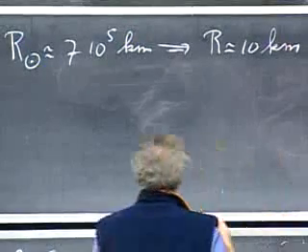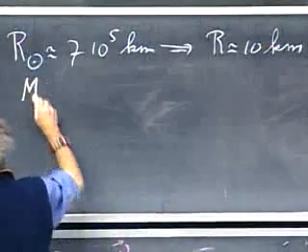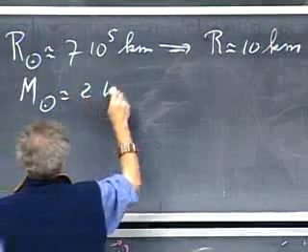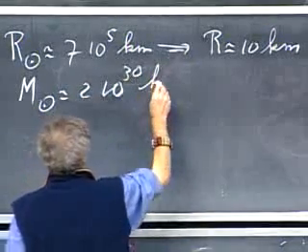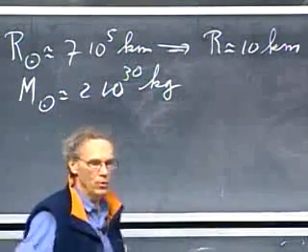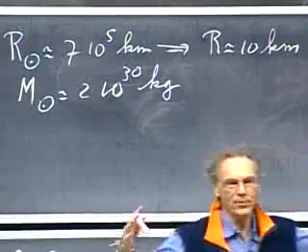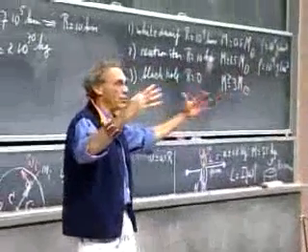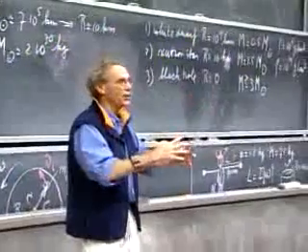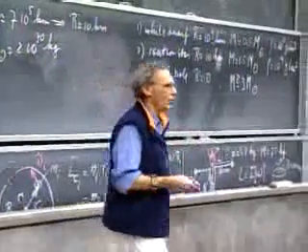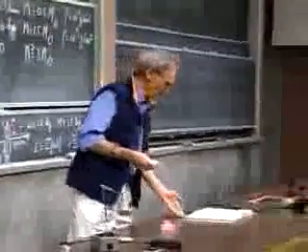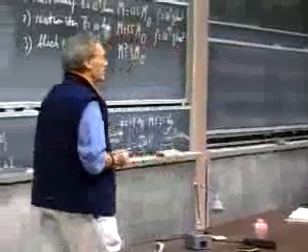The mass of the Sun is 2 times 10 to the 30 kilograms. And for those of you who are good at math, they can calculate when you collapse this object without losing any mass, you keep all the mass, but you shrink it to 10 kilometers, how much gravitational potential energy is released. And that is a staggering number.